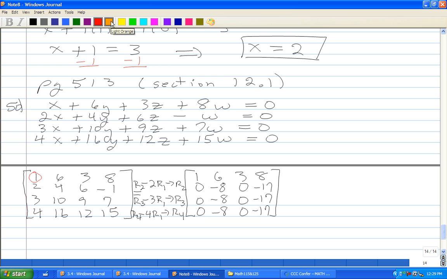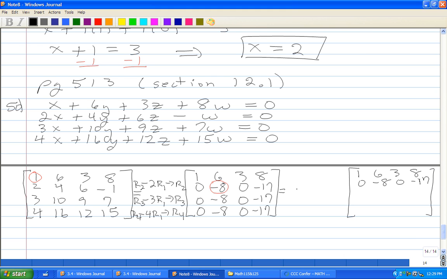So we're done basically, but I'll just go one more step. Make it look a little nicer. And so let's pivot. So I'll keep the first, second rows.